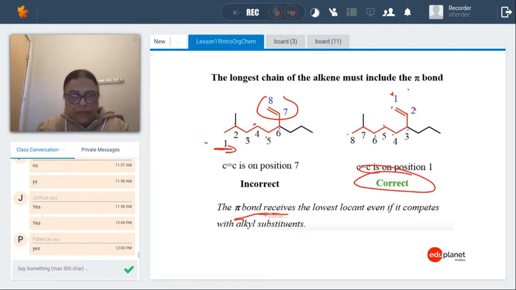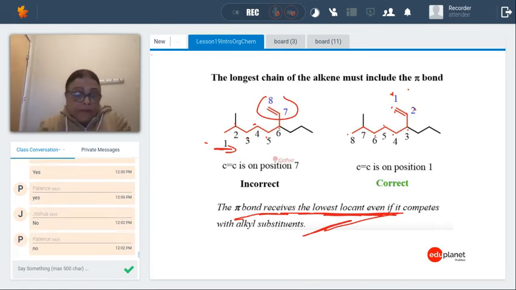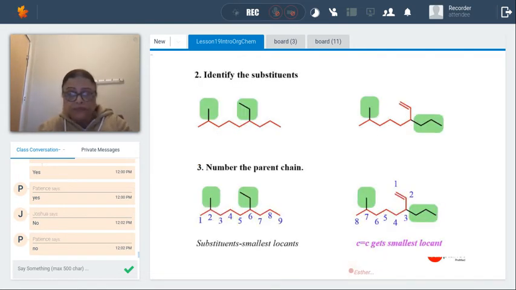So the pi bond receives the lowest location, even if it competes with the alkyl group. So this is 1, 2, 3, 4, 5, counting this way and not this way. Are there any questions? That's the rule. There's nothing we can do.